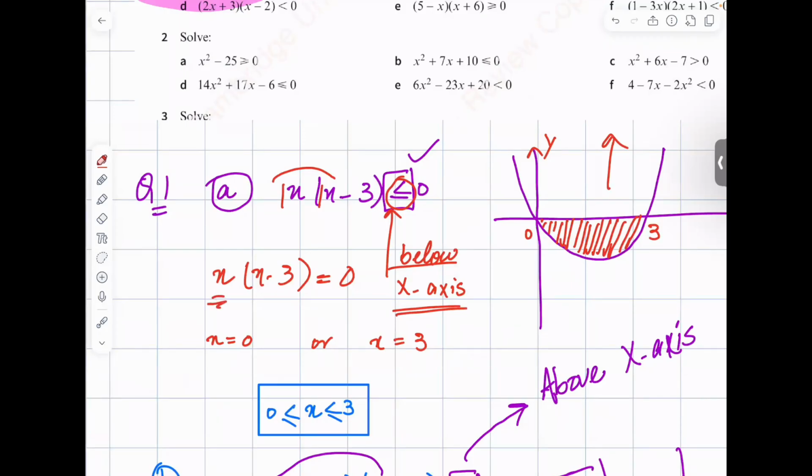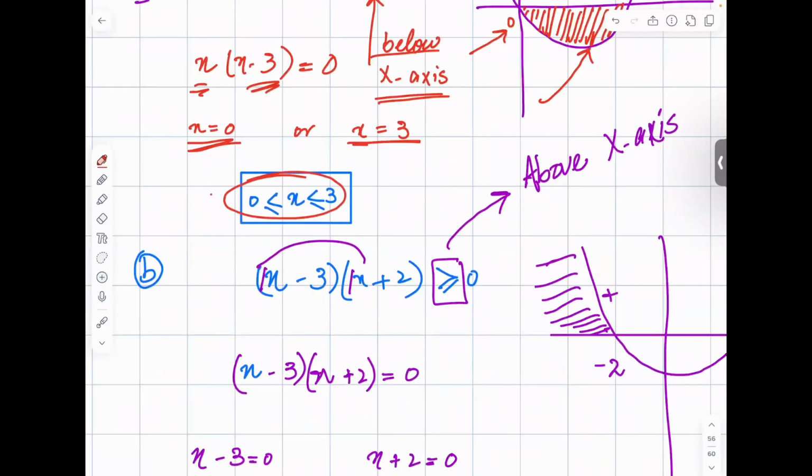So x and x minus 3 is equal to 0. So x equals 0 and x equals 3. Inequality tells us to find the values of the graph which are below the x-axis. So this is what we are looking for, from 0 to 3.